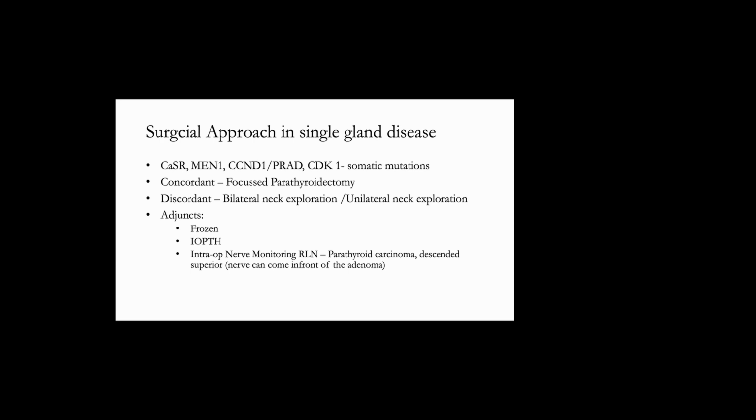In focused as well as in bilateral neck exploration, we have some adjuncts who are surgeons' friends. For example, frozen section. Women tend to have Hashimoto's thyroiditis and some other inflammatory conditions which can enlarge the lymph nodes. So there could be multiple lymph nodes within the neck, and when you open, especially when the parathyroid is very small, you may get confused about which one is the parathyroid. An experienced surgeon is usually able to differentiate parathyroid from lymph node. But sometimes you need proof because your patient has spent some money and you can't afford to misjudge.